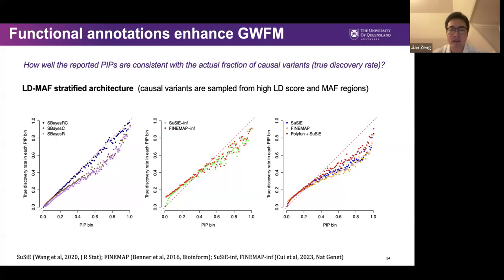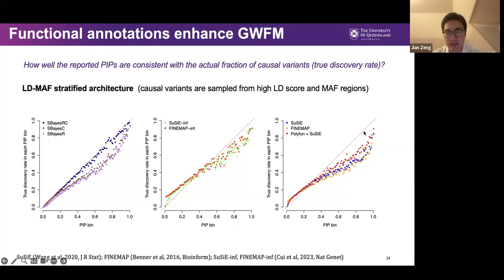That would create a loss of LD between the causal variants and the SNP markers, and potentially LD between the causal variants as well. In this challenging scenario, you can see that the PIPs are not well calibrated in the other fine mapping methods. So the PIP does not correspond to the correct values for the true discovery rate, that is, the fraction of variants within this PIP bin being truly causal variants.